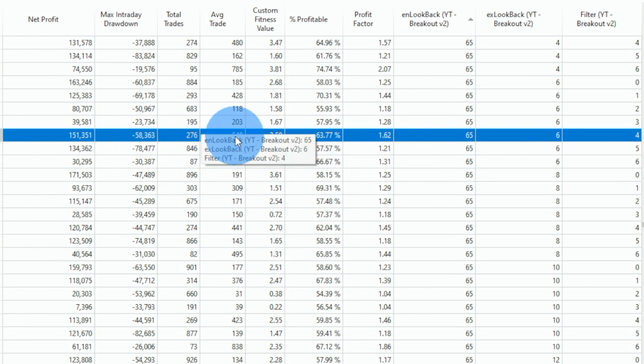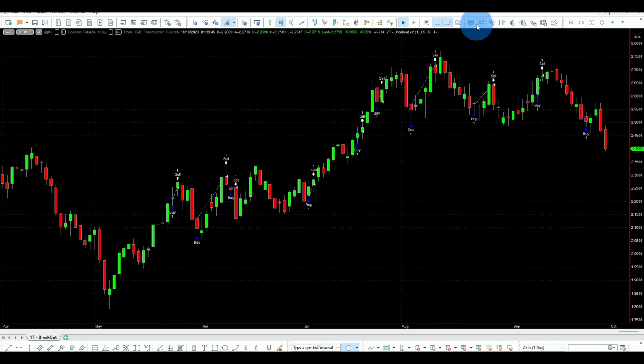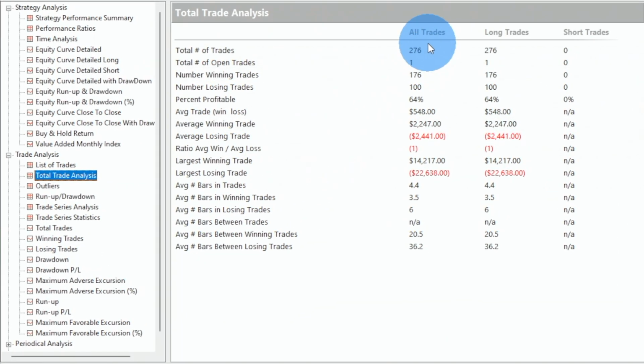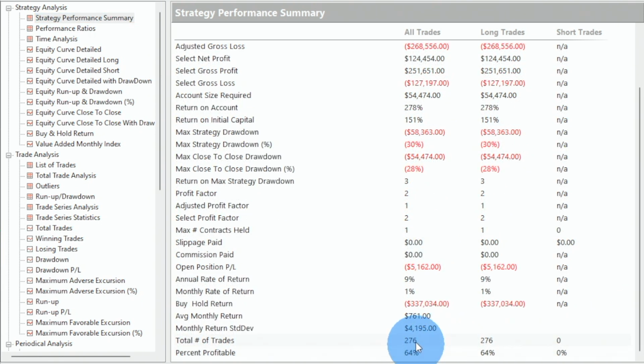Our average trade is 548, which is very good for gasoline. So if I pick this strategy, and remember, this is long only. So trade analysis, 276 trades, $548 on average, and we're making $151,000, 3-to-1 return to drawdown ratio, and 64% win rate.